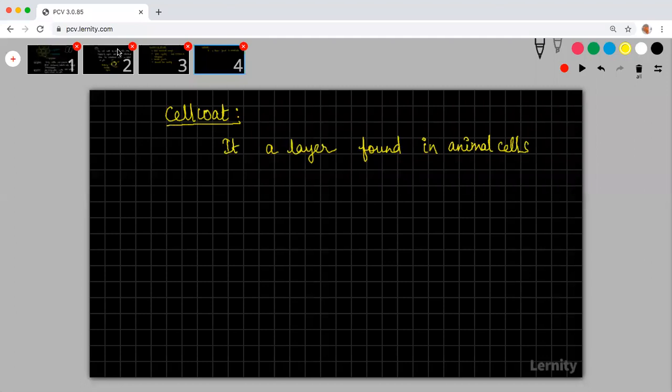The cell coat is a layer found in animal cells.